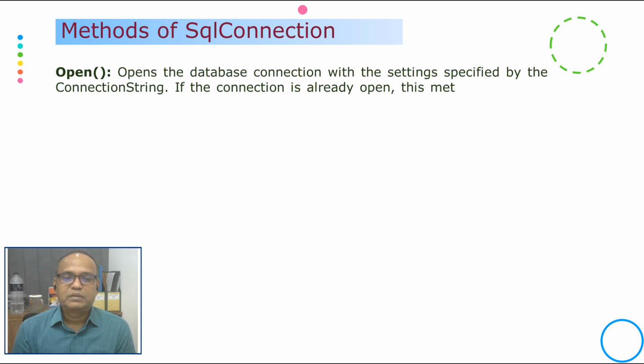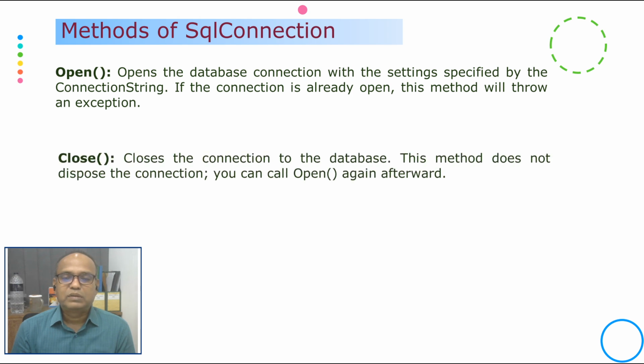Open opens the database connection with the settings specified by the connection string. If the connection is already open, this method will throw an exception. Close closes the connection to the database. This method does not dispose the connection. You can call Open again afterward.